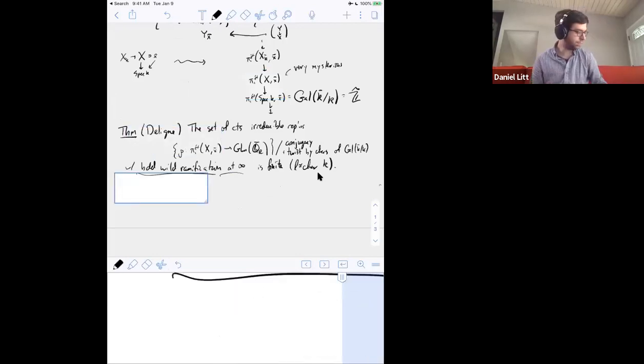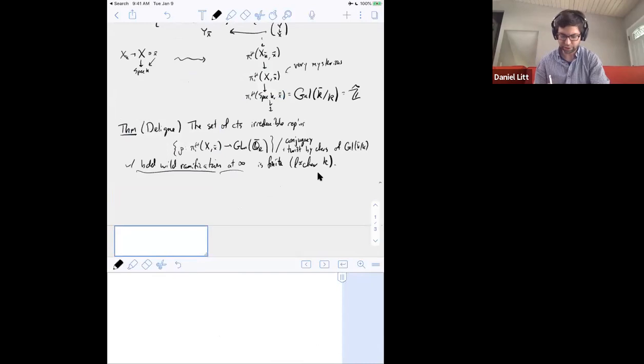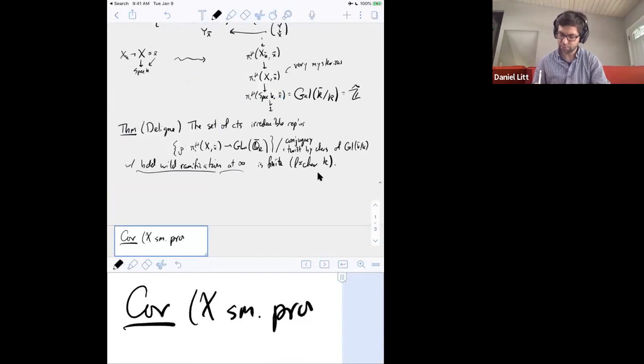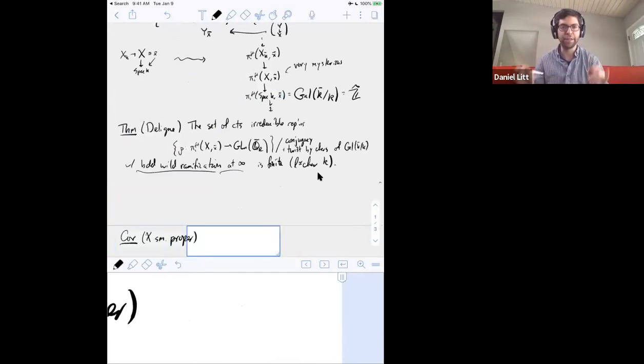Okay, so let me say a corollary, which is a little easier to understand. So here's a corollary. Suppose x is smooth and proper. So there's no notion of being at infinity. There's no boundary. So then this bounded wild ramification condition goes away.